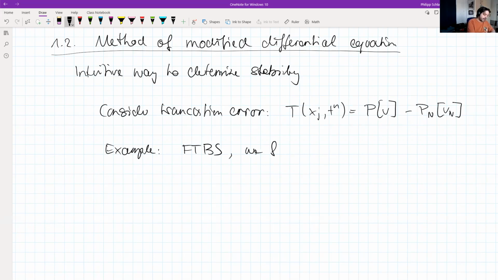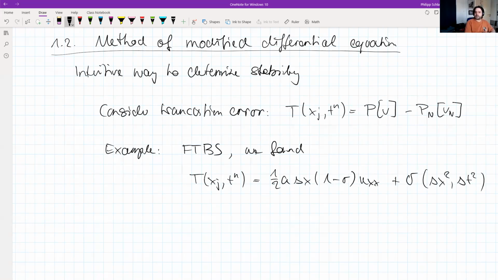And for that, we found earlier that this T of x_j and t^n was 1/2 a times delta x (1 minus sigma) times u_xx plus some stuff that was of higher order, delta x squared and delta t squared, something like that. So this is something that we have seen before. But now we would actually like to see whether or not we can use this to directly tell you whether we have a stable scheme or not.